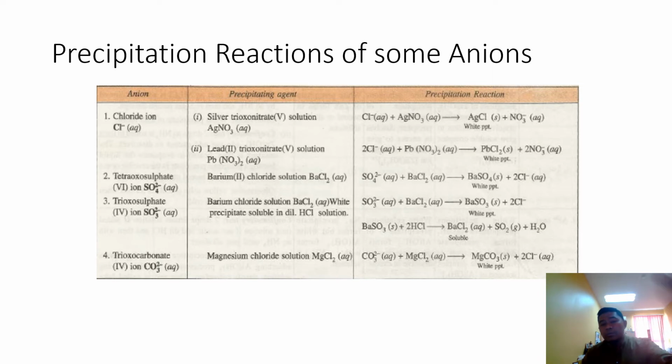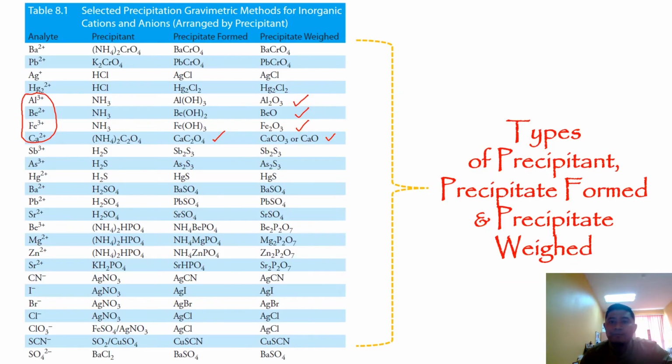Okay, you can go through the second example of an anion, and the third and fourth anions, which are sulfate ion, sulfide ion, and also carbonate ion. This also comes from Table 8.1. I already listed here the selected precipitation gravimetric methods for inorganic cations and anions.